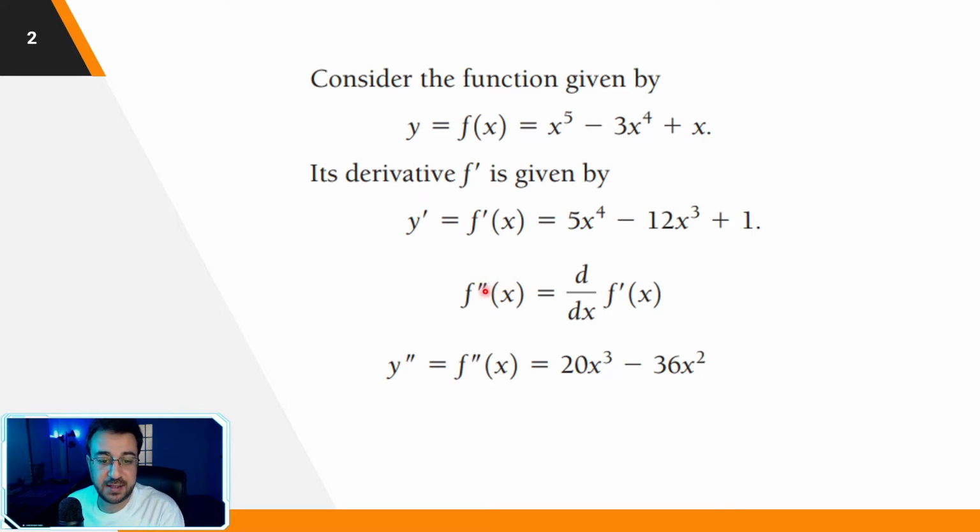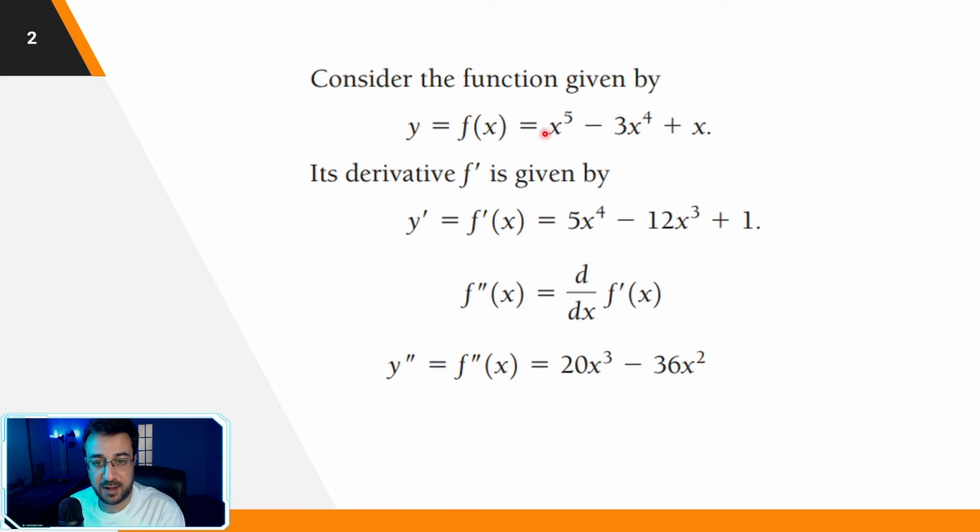Those are only fancy names, don't get scared about them. The important thing is the concept. Just identify if you get f double prime, you're going to derive the function first and derive that derivative again, then your final answer would be this way. So f double prime here is the first derivative of the f prime.